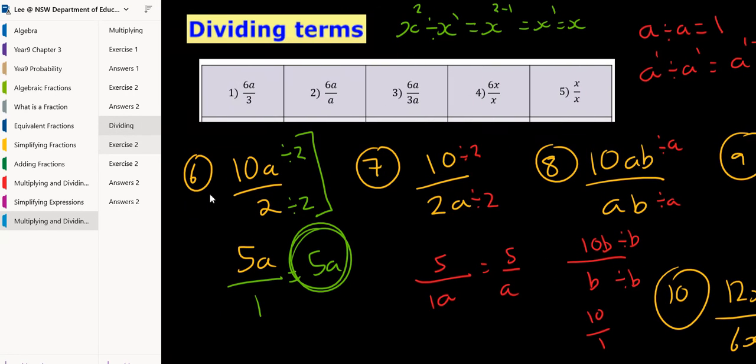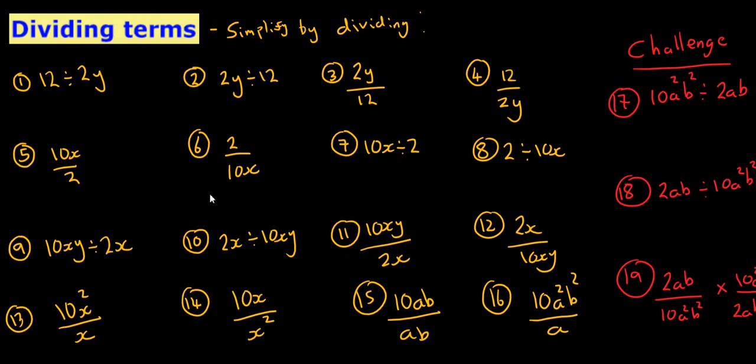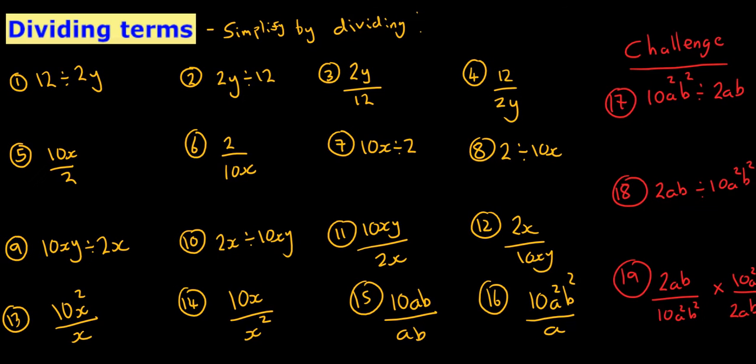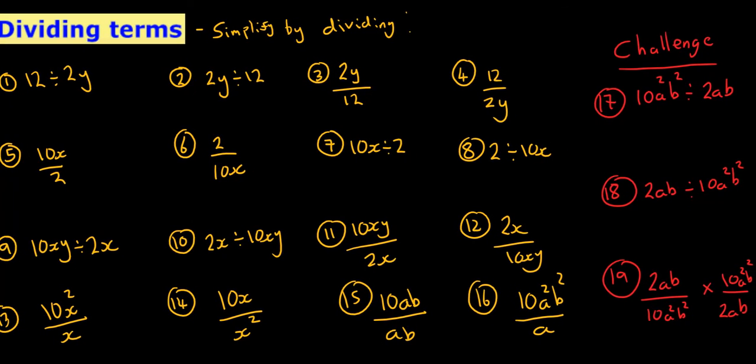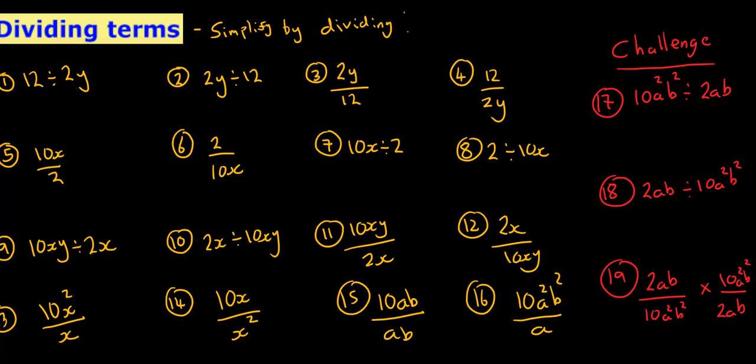Okay, so let's have a go at doing these questions. I've got some difficult questions in red, so please at the very least do questions 1 to 16 and then 17 to 18, and then we look at the solutions.